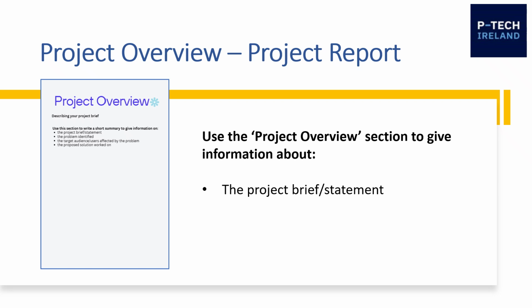So at the start of your work placement, you're given a project brief or a project statement, and this will include information on the project that you're working on and the problem that you're working to solve. You should include a summary of your project brief and the problem you're working to solve in your project overview section.